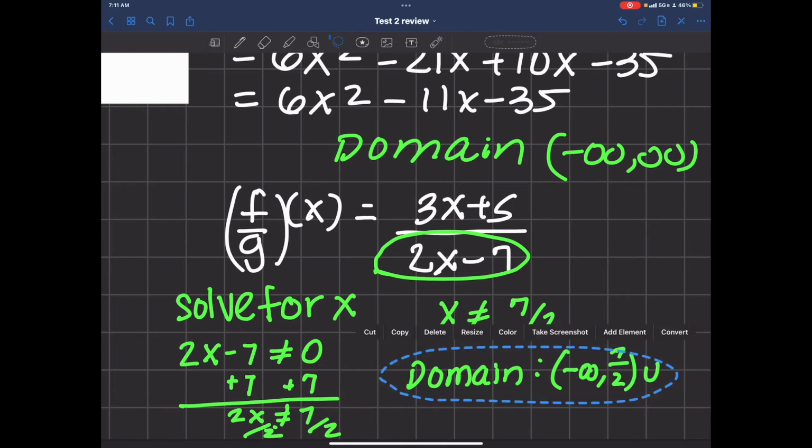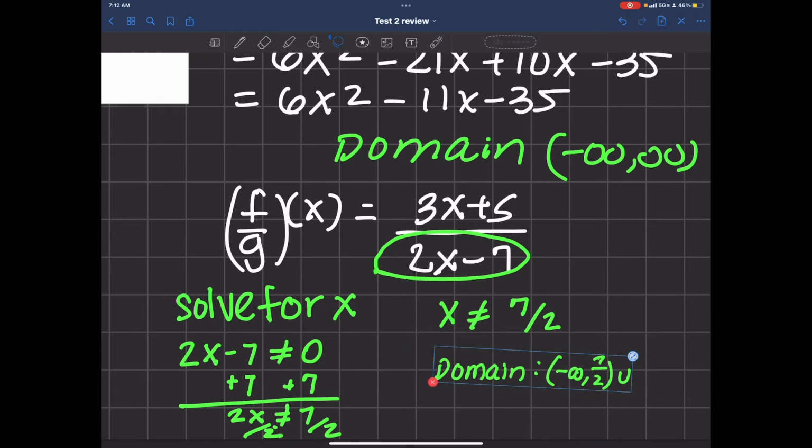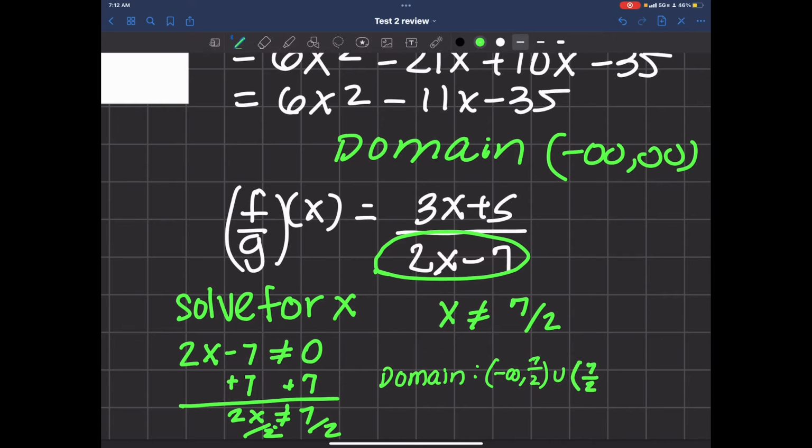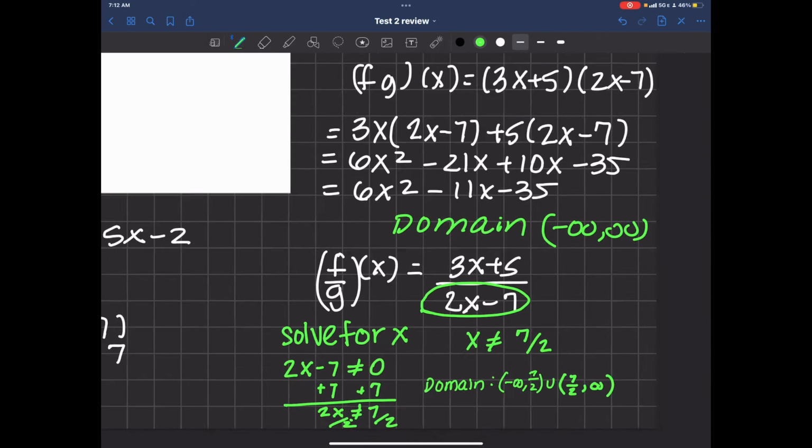The union symbol is like a U, right? Because that becomes a vertical asymptote. And then to complete that, I get 7/2, comma, positive infinity. And that's my domain.